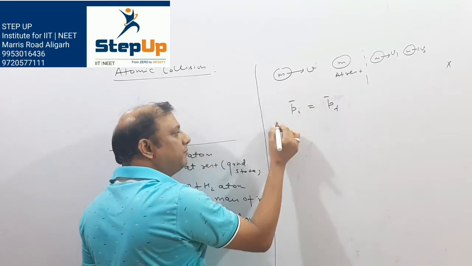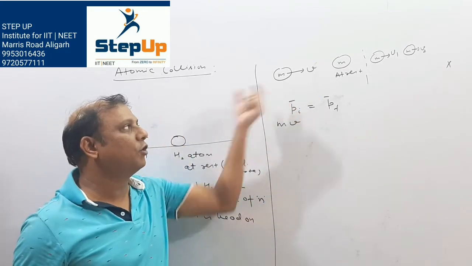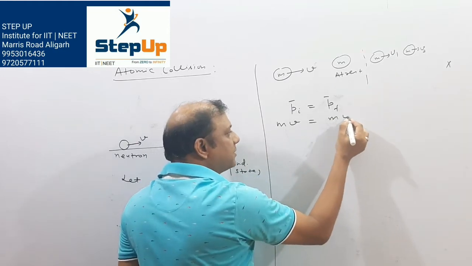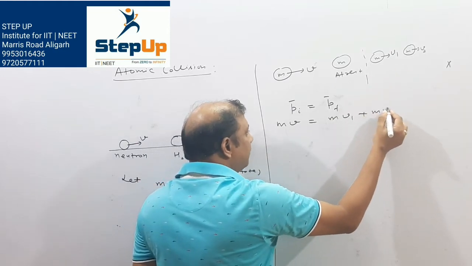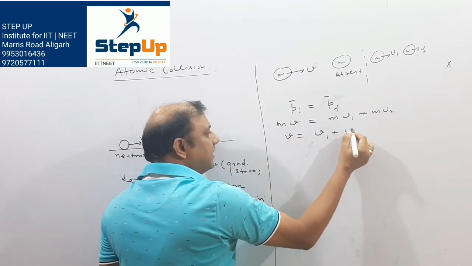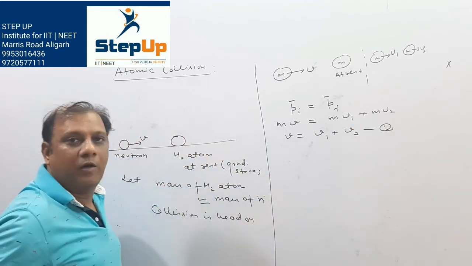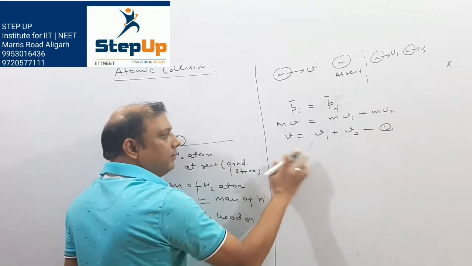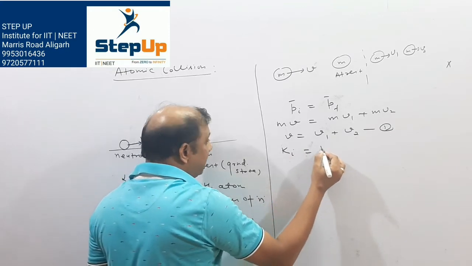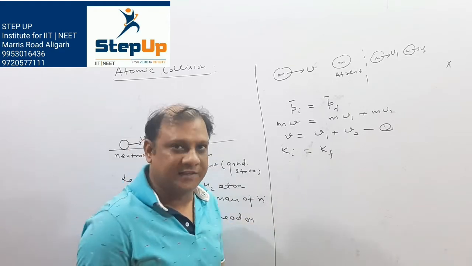Initial momentum is m into v, the momentum possessed by the neutron. Final momentum is mv1 plus mv2. So the first equation we get is v equals v1 plus v2. This is the first equation. In the second step, initial kinetic energy is equal to final kinetic energy if the collision is elastic.